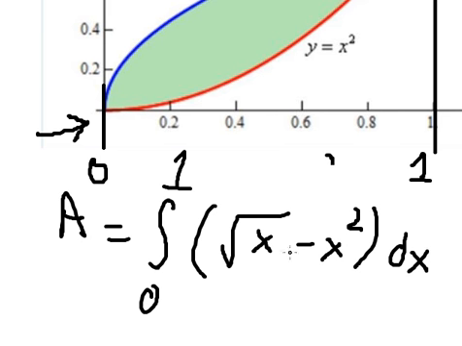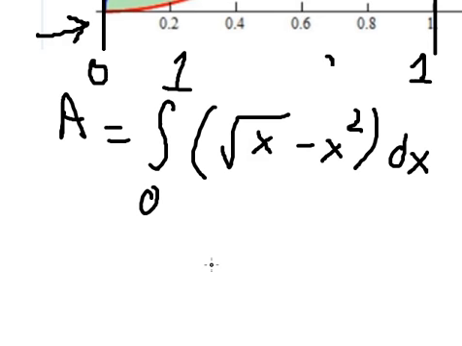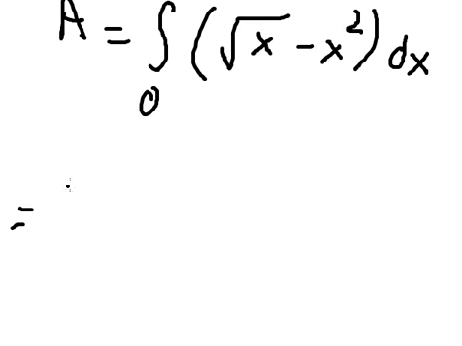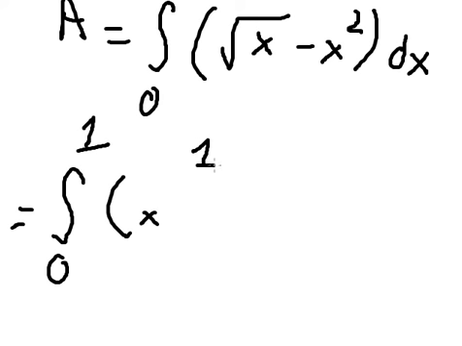And now we need to calculate this integration. The square root of s we will change to s to the power of 1 over 2. This one we keep the same.